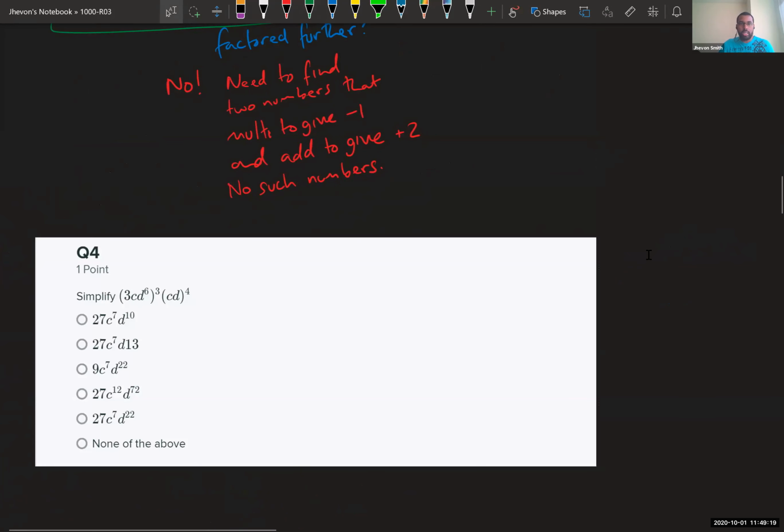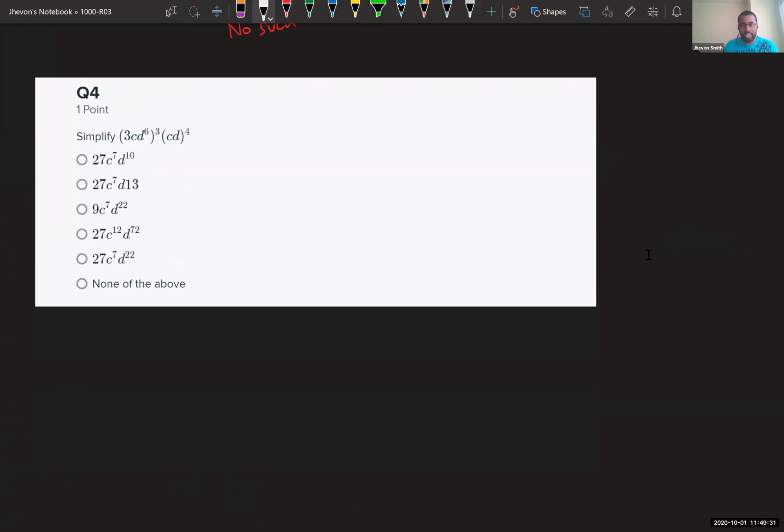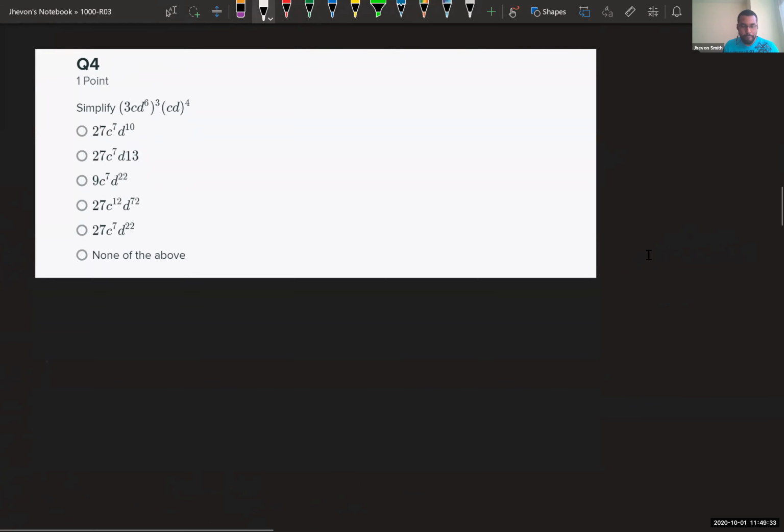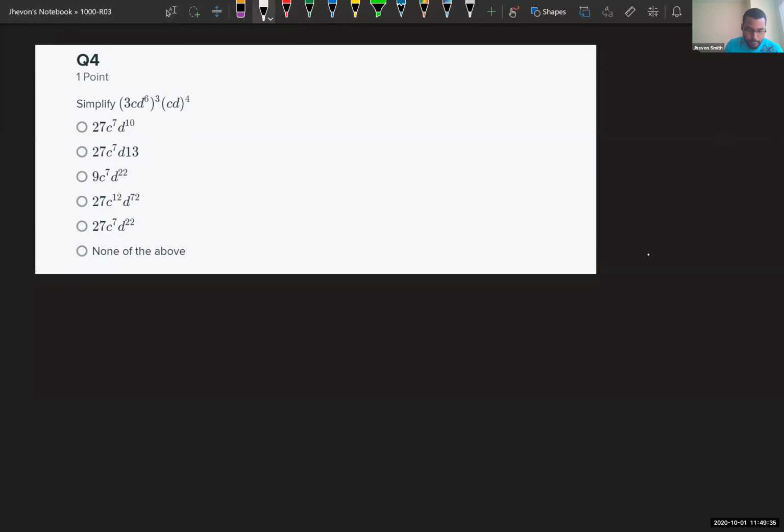Okay, let's work through this one together. How do we simplify this based on what we know about exponents? So the first thing I did was, and I don't remember if I got it right or wrong, but I added the exponents inside of the parentheses for each one.